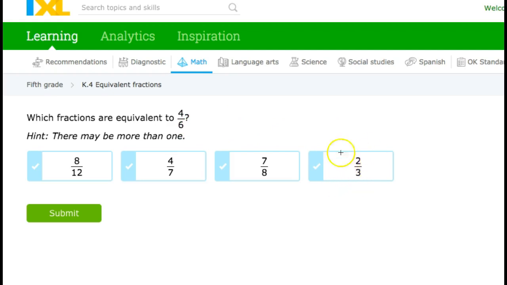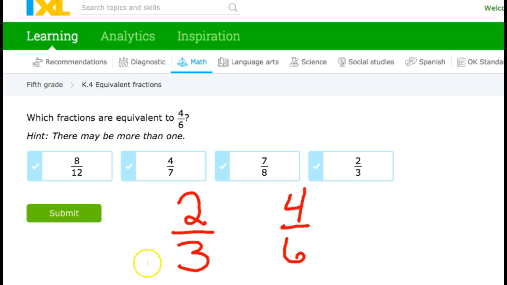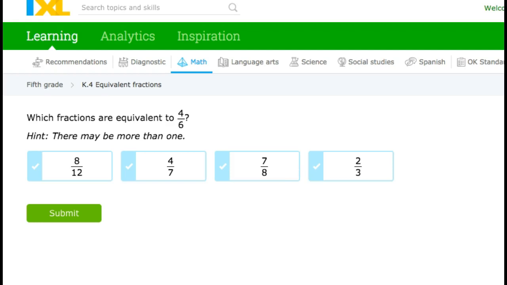But I'm wondering, does that 2/3 have a relationship to the 4/6? Let's go 2/3 and then let's look at 4/6. Well, 3 times 2 is 6. 2 times 2 is 4. Therefore, these two are equivalent fractions. So I actually have 2: the 2/3 and the 8/12 here.